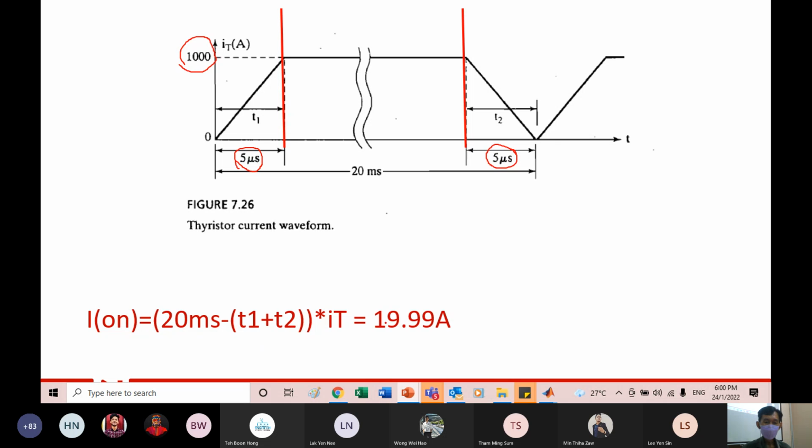So you get 19.99. Also very straightforward. It's just basically you take this whole thing, the whole cycle, and you just minus this.